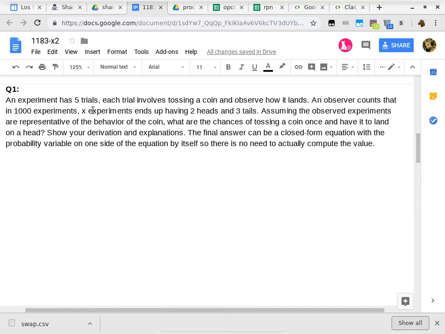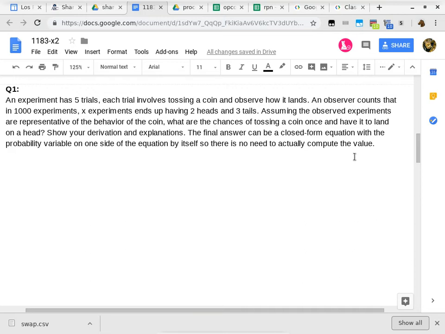So we have 1,000 experiments altogether. Each experiment has 5 trials. We're basically tossing a coin 5 times for each experiment. Out of 1,000 experiments, X experiments end up with 2 heads and 3 tails, order independent. Okay, so we don't care about the ordering.